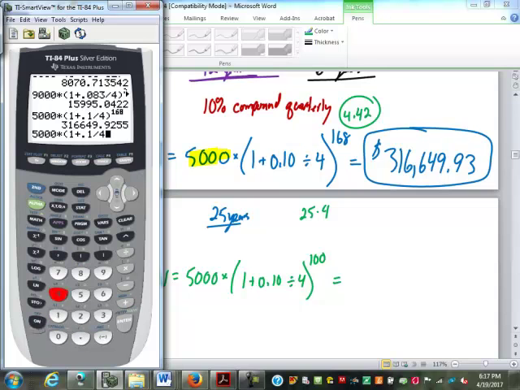$126? That's not a bad guess. $59,068.58. Wow.